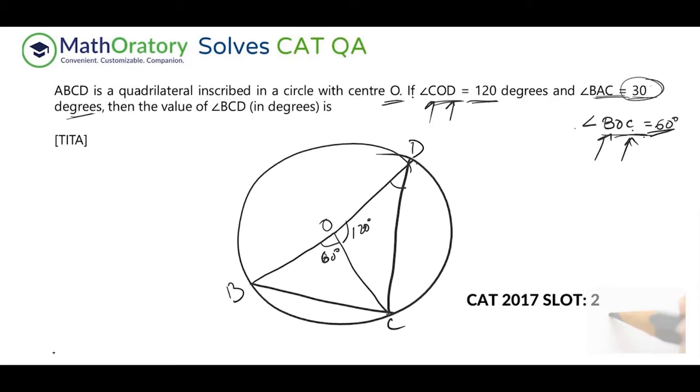So these two angles are actually adding up to 180 degrees, right? So basically this BD line is passing through the center, or in other words, the BD line is the diameter.